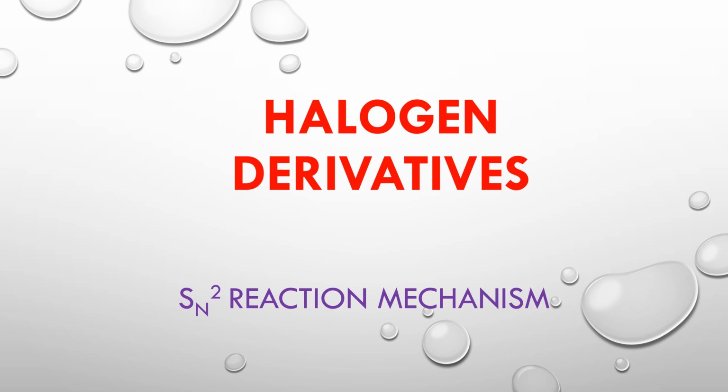First is SN2 reaction mechanism and second is SN1 reaction mechanism. Now we are going to study both of these types of mechanism in the consecutive lectures. In this lecture we shall study the SN2 reaction mechanism.